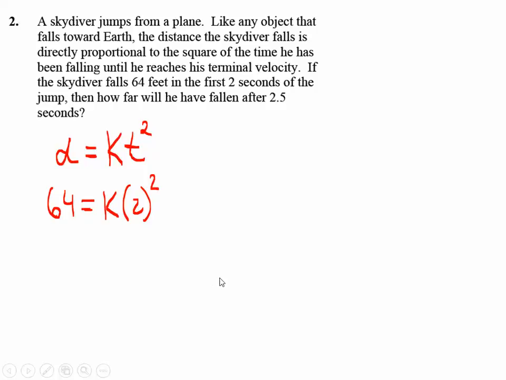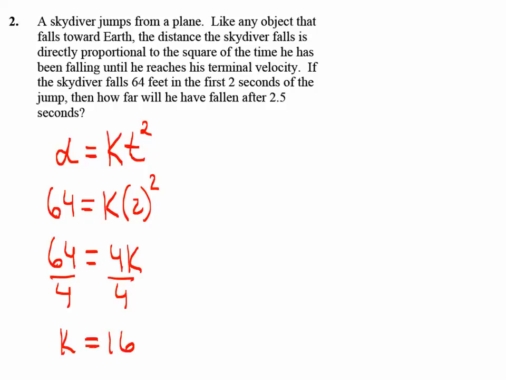What's going to be my k value? Alright, that's going to be 64 divided by 4, that's going to be 16.